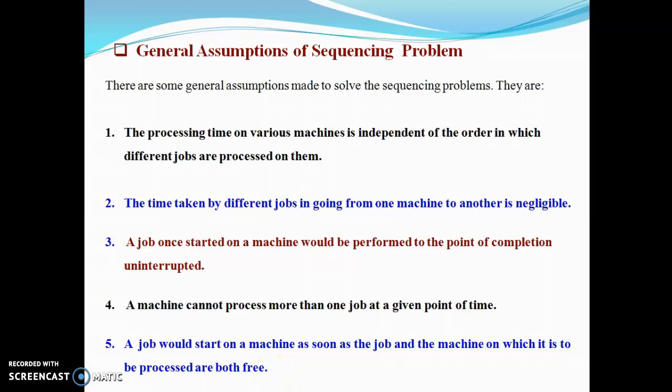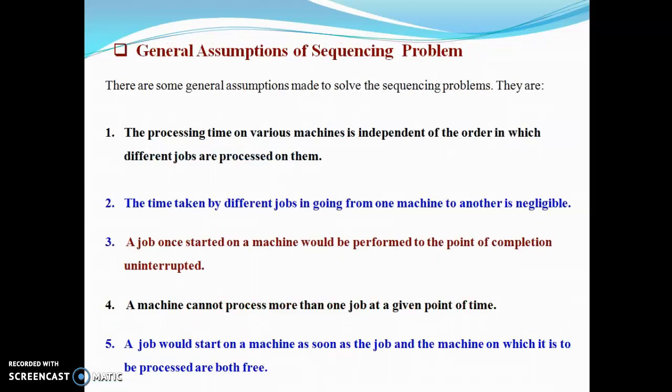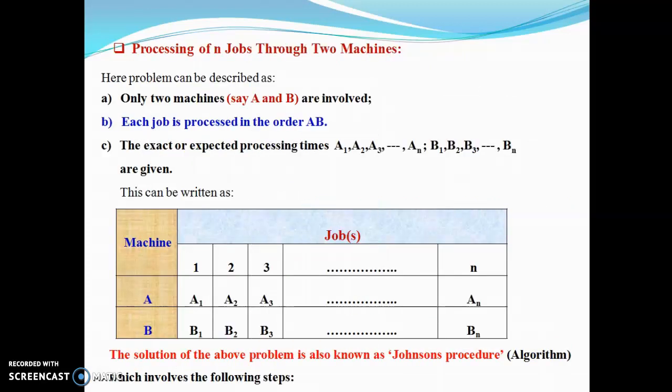So these are the general assumptions and some definitions and terminology. If you clear the idea of the basic definitions and the general assumptions, it is easy to solve this problem. So now we are going to the next topic.